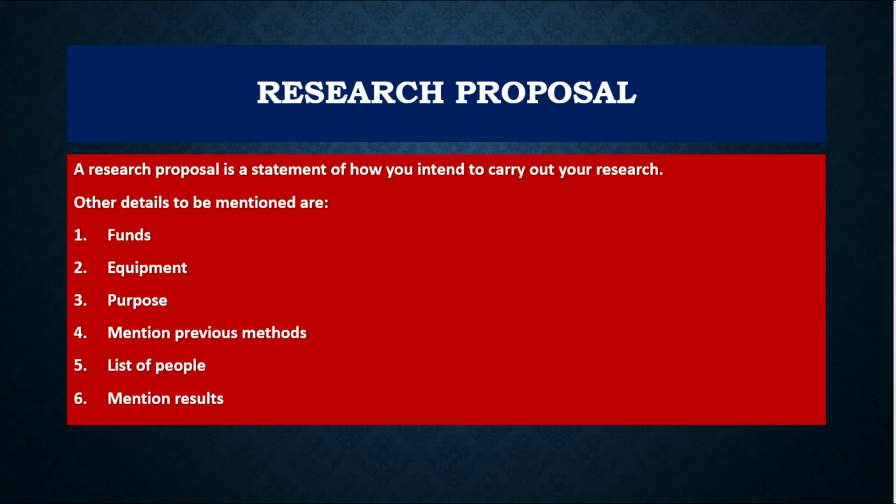Other details mentioned in research proposal are funds needed to implement the program, a detailed list of all equipment required for the conduction of experiments, what is the purpose of research, and the mention of previous methods and how they shall impact your research work, list of people who will be working on the project, and mention of what will be tangible results of your research and how shall they be aligned with your theories.